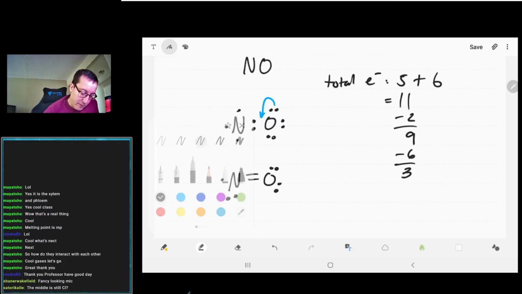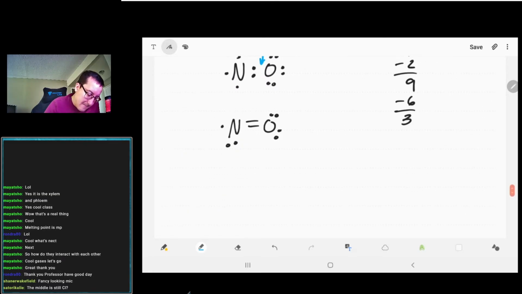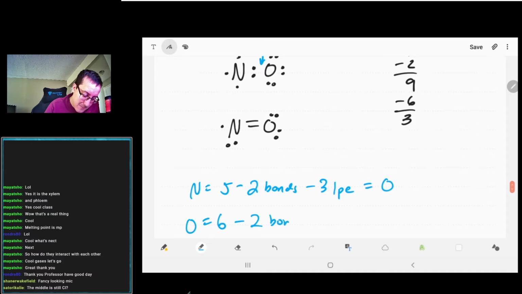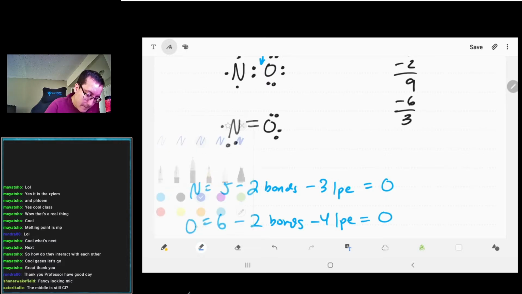If we look at the formal charges, though, it's got 2 bonds and technically 3 lone pair electrons. I know that that single one is not a lone pair, but it is a lone electron, I guess. So no formal charge. For oxygen, we have 2 bonds minus 4 electrons is 0. So this structure right here is the best we're going to be able to get out of it. This is known as a radical.